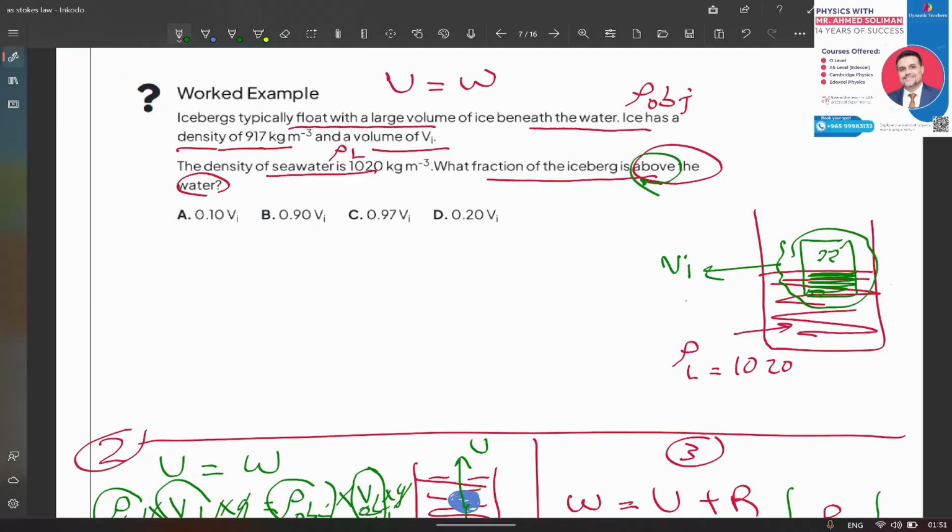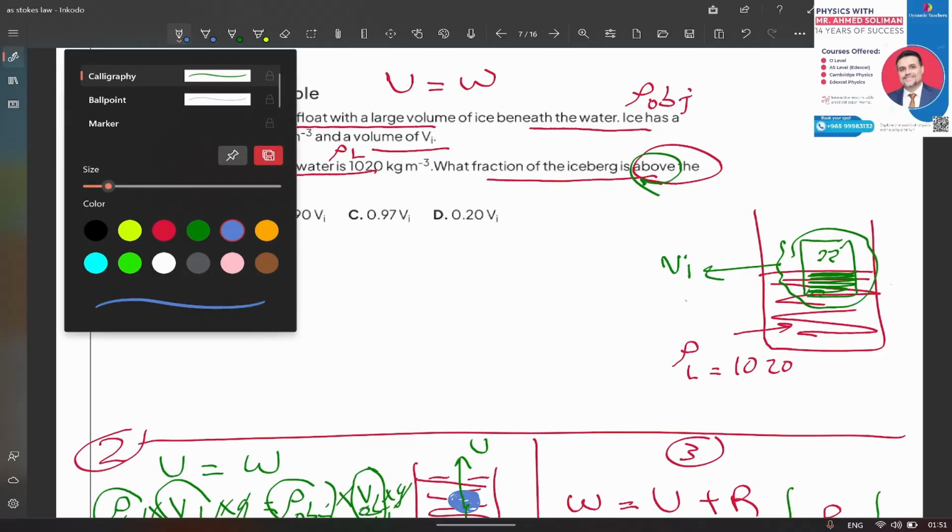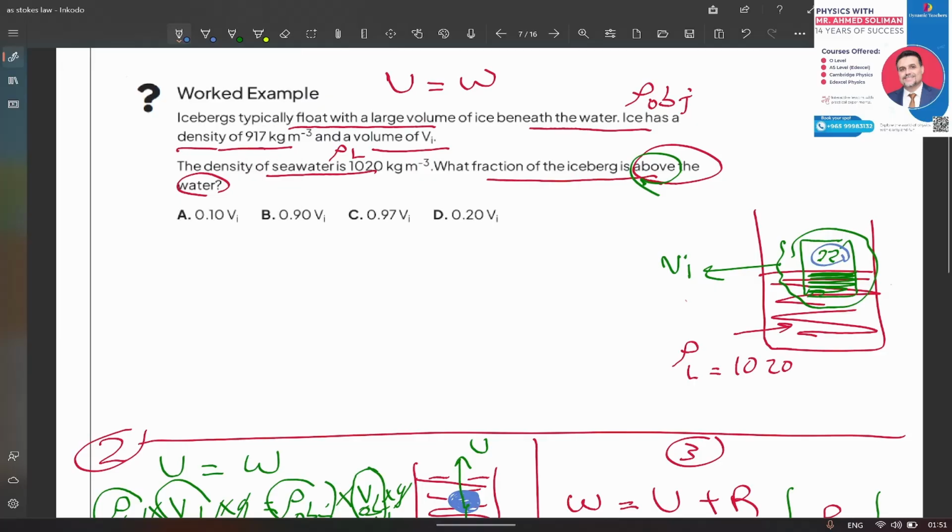In fact, you can't find the volume above the surface directly. You can only find VL, the volume of the object under the surface. As I said, because the object is floating, U equals weight. So now rho liquid multiplied by V submerged multiplied by g equals rho object multiplied by V object, which is VI, multiplied by g. Cancel out g.